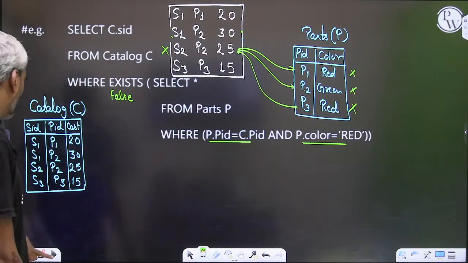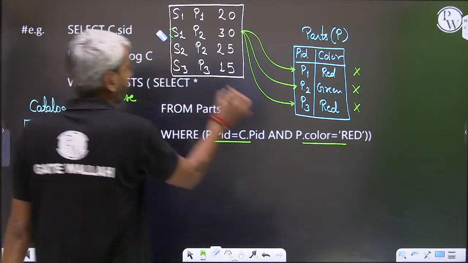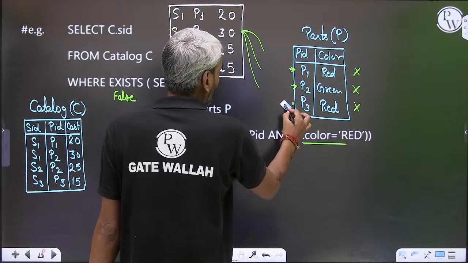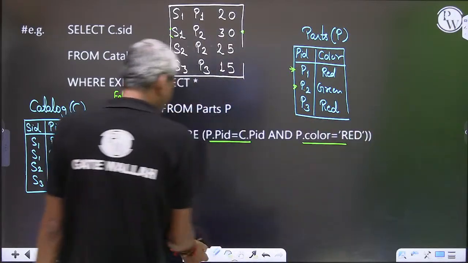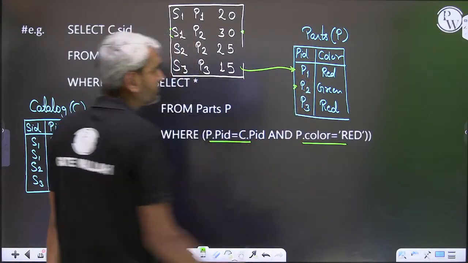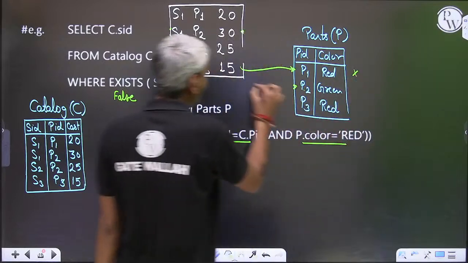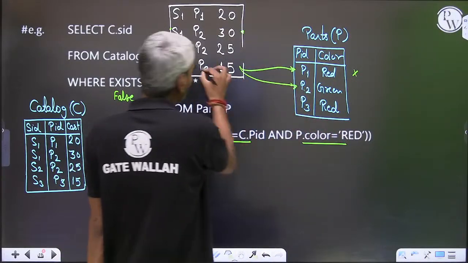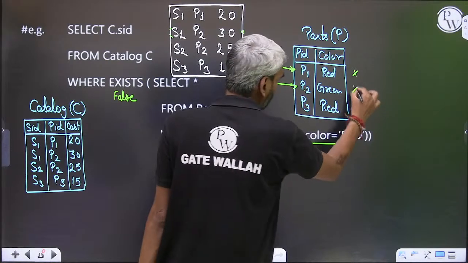Okay, so let's go and check what happens with respect to the fourth tuple of the catalog table. Now you will take the fourth tuple and go to the first tuple of the part table. PID is P3, PID is P1, therefore it will not get selected. PID is P3 in the catalog table and PID is P2 in that tuple of the part table.